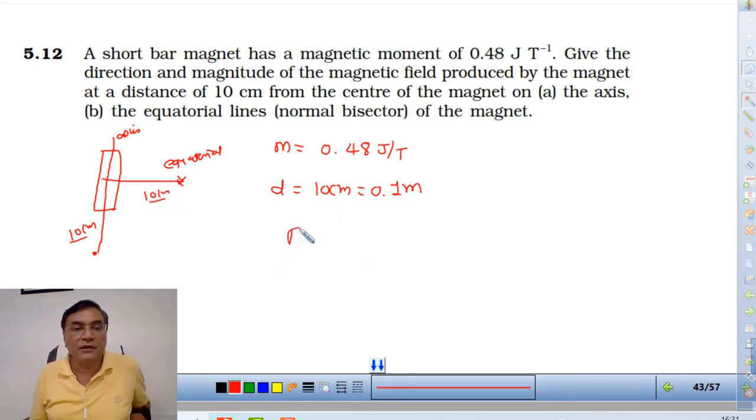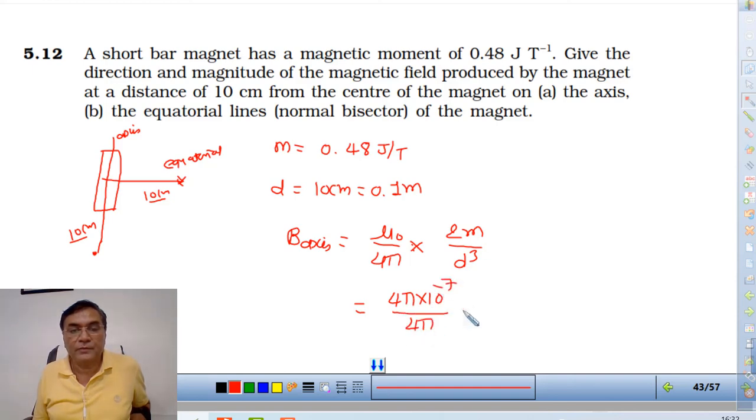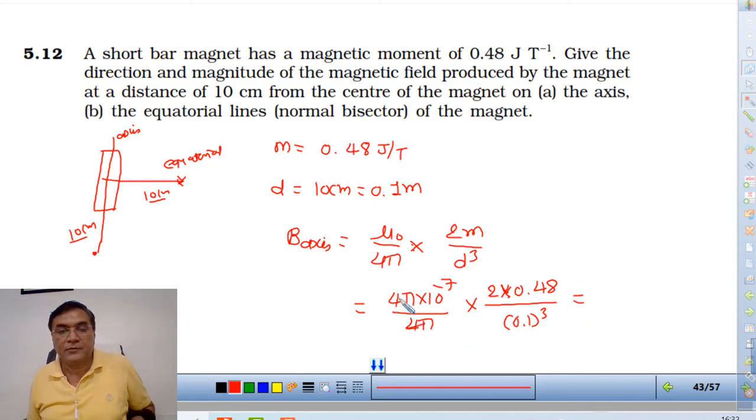So we have the formula B on axis is equal to mu 0 upon 4 pi into 2m upon d cube. Okay, so mu 0 is 4 pi into 10 raised to minus 7 upon 4 pi into 2m, which is 2 into 0.48, divided by d cube. d is 0.1, cube. So you simplify: 4 pi cancelled out.